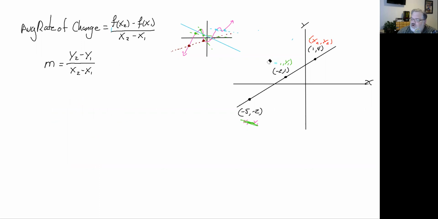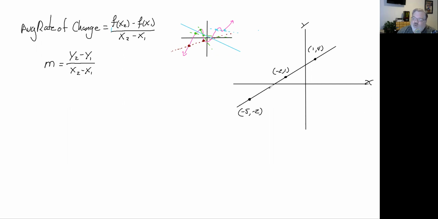So if our goal is to make an equation for this line, what the equation of a line is supposed to do, its job, is to give us a rule that defines every single one of these points on this line. Remember, that's what a function really is.